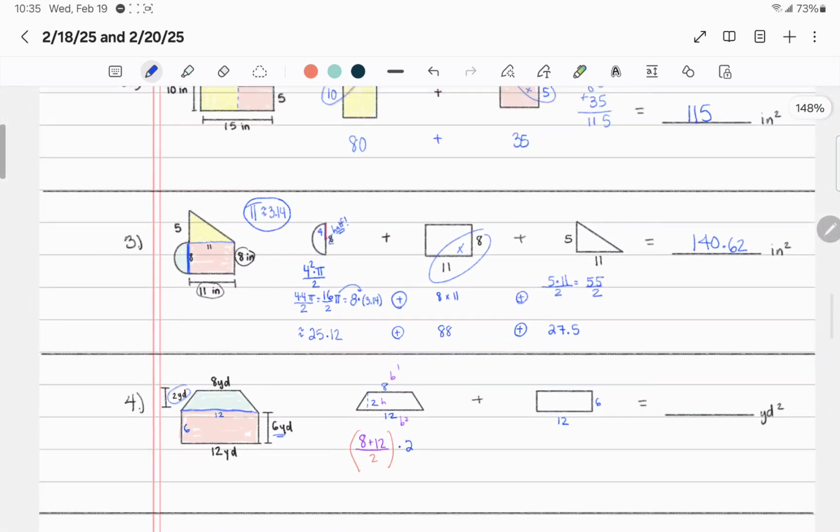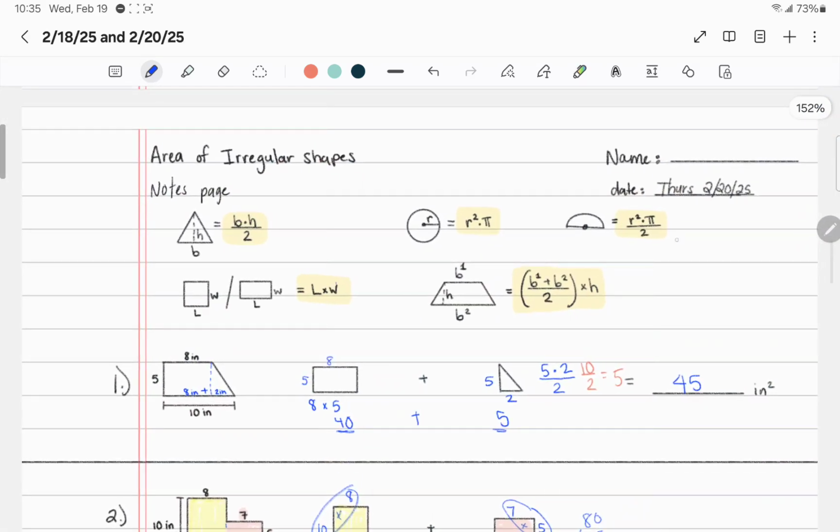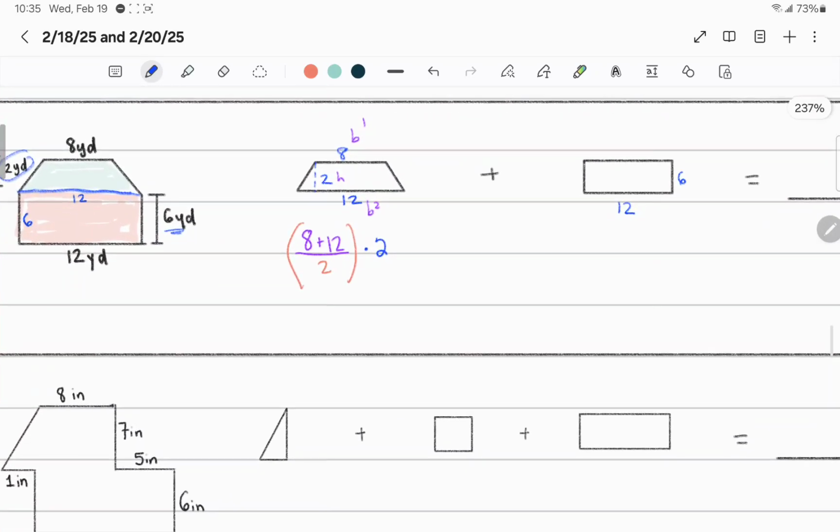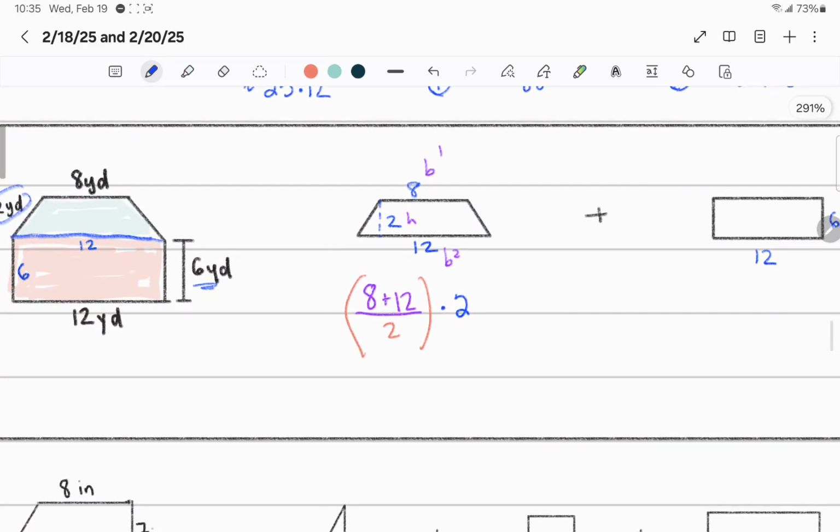So B1 plus B2, divide by 2, and then multiply by the height. We've got 8 plus 12, that's 20. 20 divided by 2, that's 10. And then 10 times 2 gives us 20.